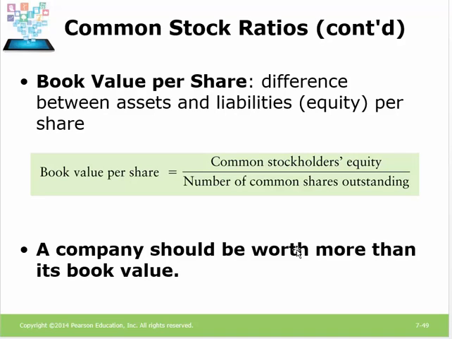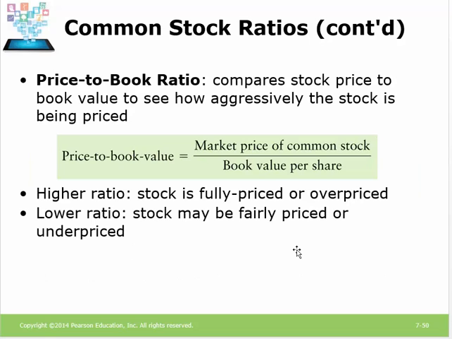So if we have rising stock prices, it's the norm that the book value per share will be less than the market value per share. In fact, we can look at that ratio. If you divide the market price of the stock by the book value of the stock, now we have a picture of the relative values, what the stock market says it's worth and what the accounting statements say the company is worth.